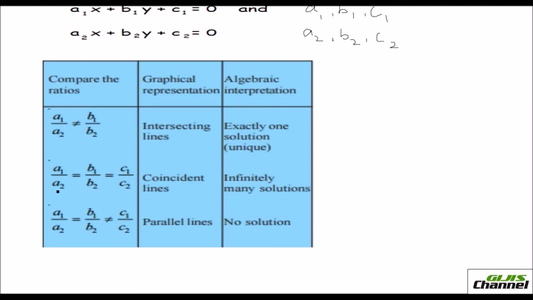Now, if a1 over a2 is equal to b1 over b2 and that is also equal to c1 over c2, the lines overlap, they coincide completely. So you will have infinitely many solutions, from the beginning of the line till the end.